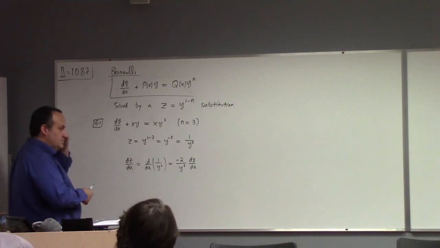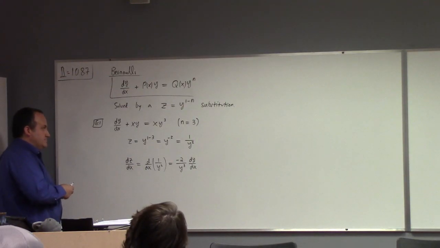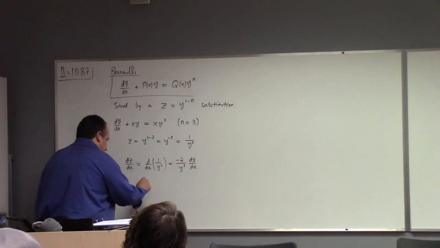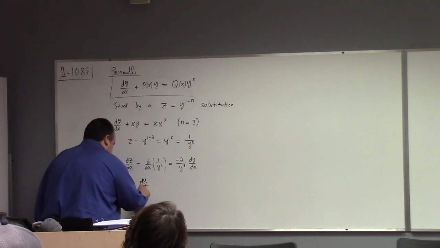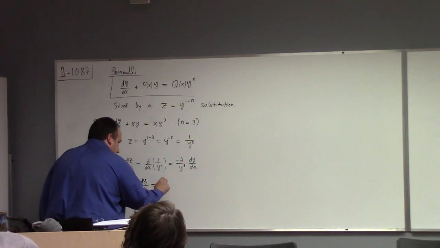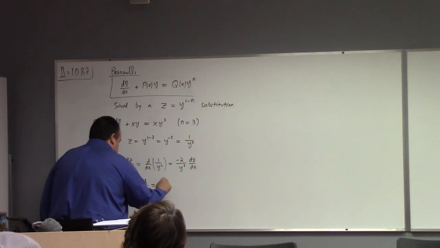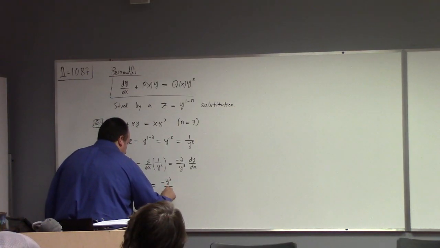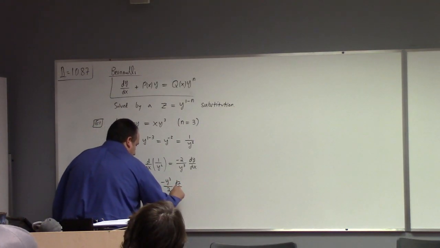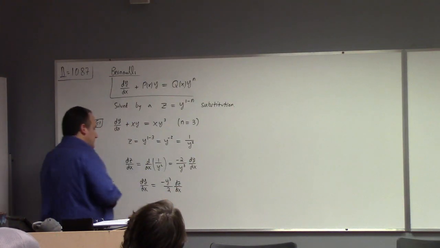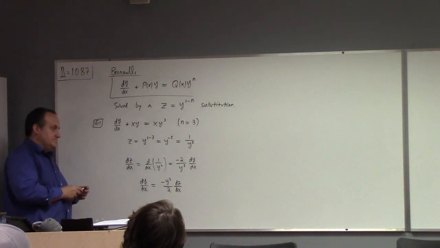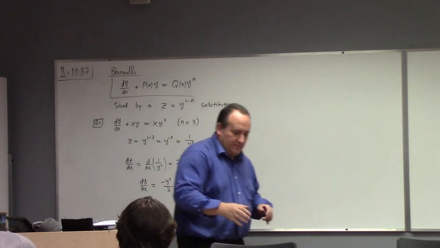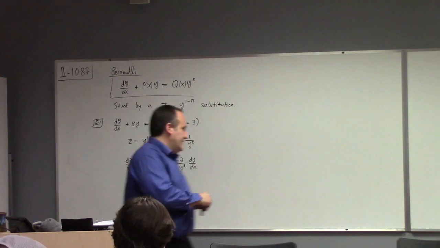All right. So let me just clean that up ever so slightly. What this says is that dy/dx equals what? dy/dx is actually equal to minus y cubed over 2 times dz/dx, right? So I usually want to find a clean formula for dy/dx when I'm working these problems so I can substitute it in.